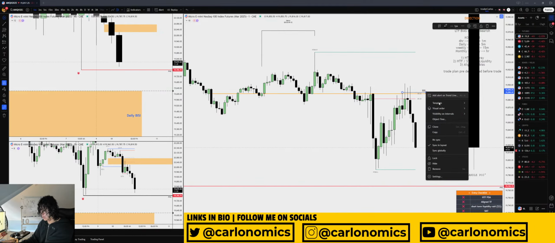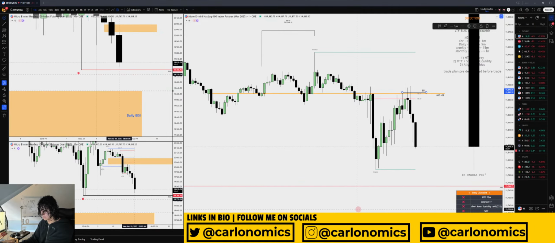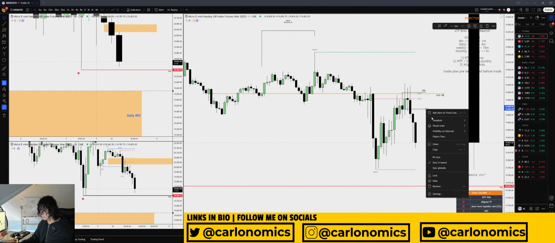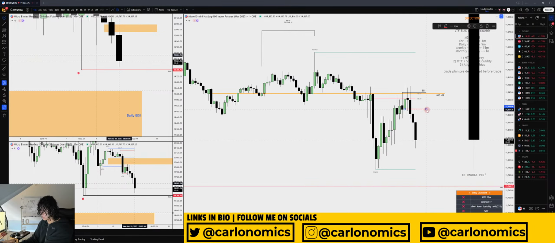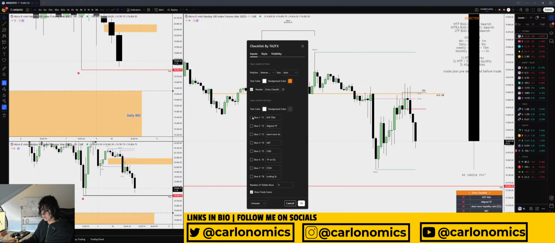And we had a change in the state of delivery as well, like this. So pretty much we had a higher time frame PD array, the 1 minute as an aligned time frame. We had a short-term liquidity raid, change in the state of delivery.